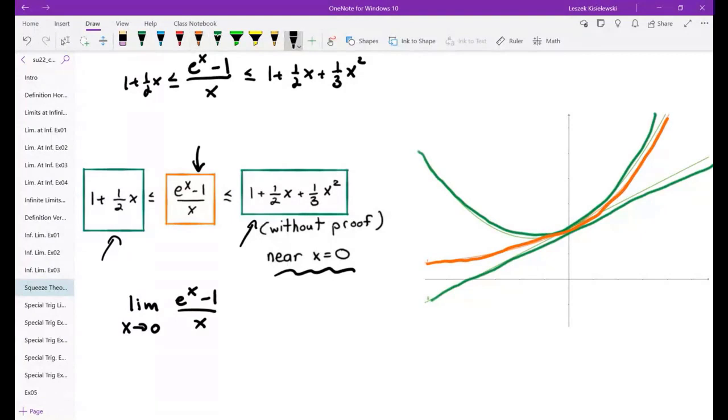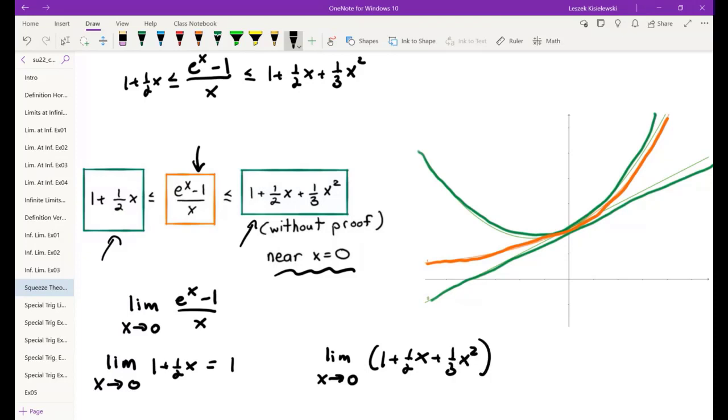So now look at the limit as x approaches 0 of this line, the left bounding function, and as x goes to 0 we're left with 1. And now let's look at the limit of the right bounding function. So that's the parabola in green. As x goes to 0, we're just left with, well, 1.